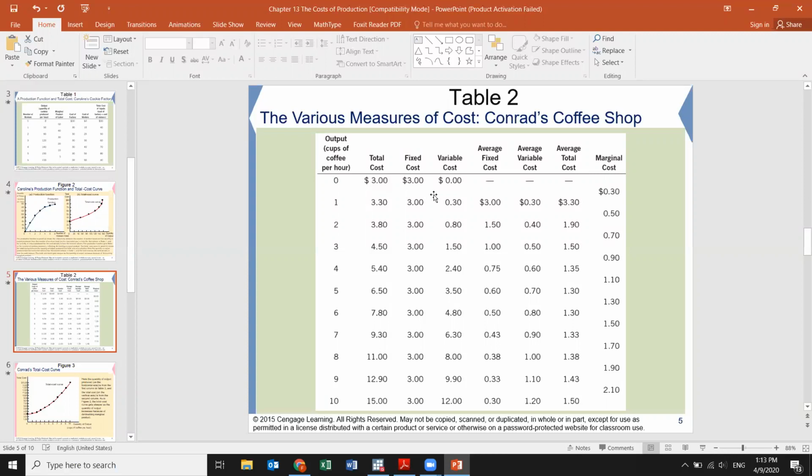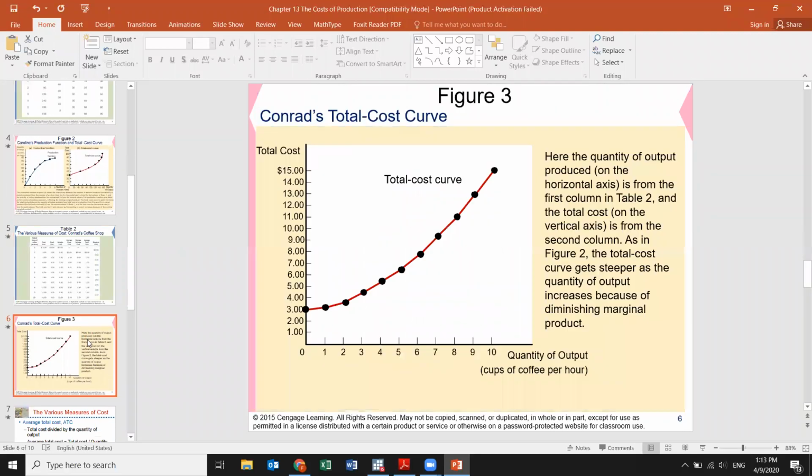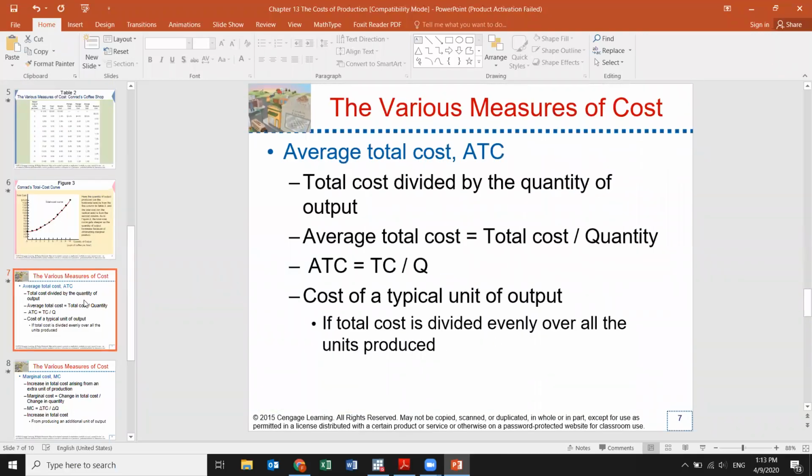So we can see by how much it changes here. Okay, the marginal cost is the change in cost divided by the change in quantity. So this is the total cost curve, how it has been derived. Okay.